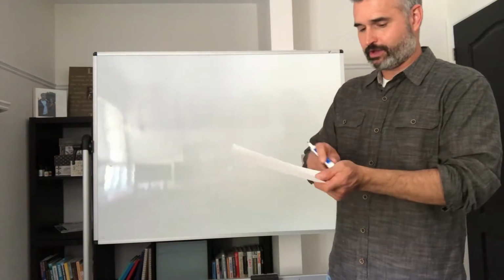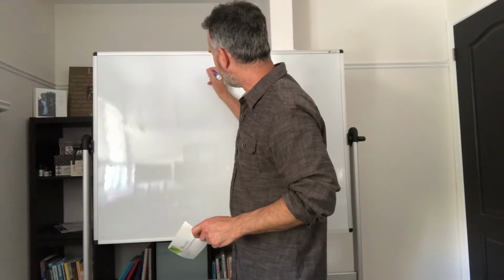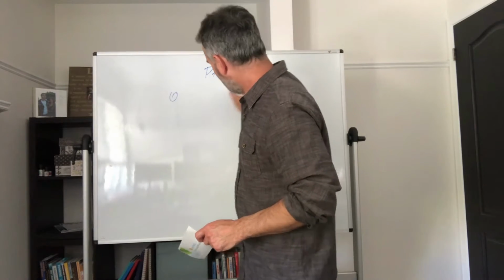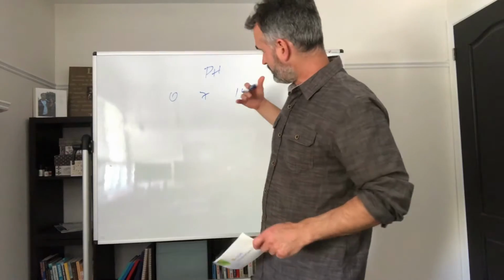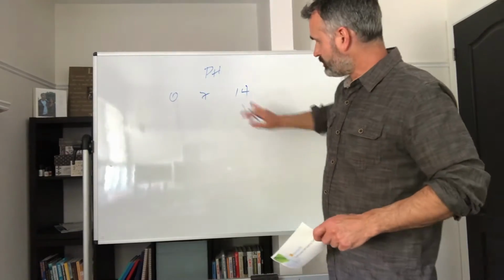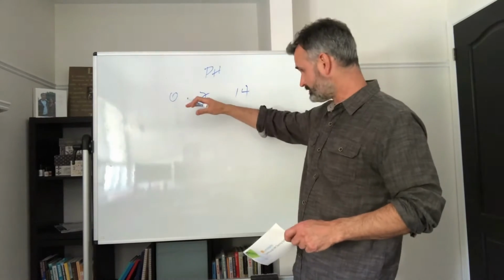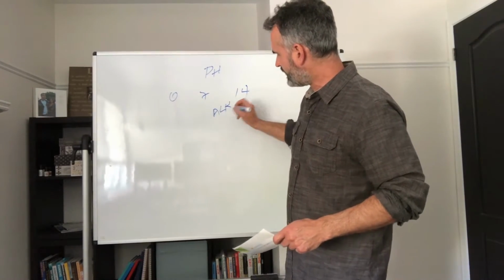If we go to bleach as our example, the best way I can think of describing it is using our pH scale. Our pH scale runs from 0 to 14. Anything above 7 is going to be an alkaline.